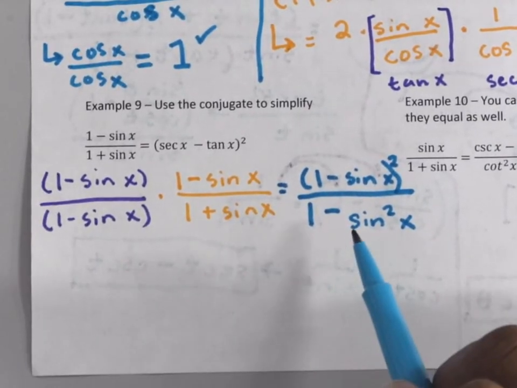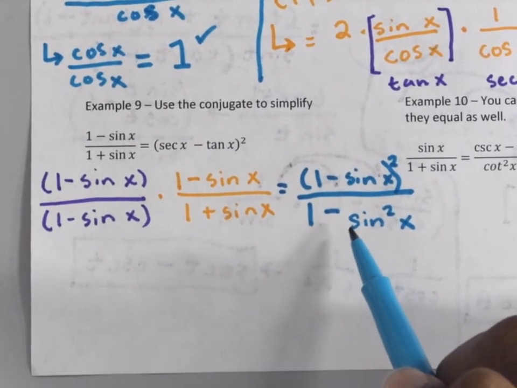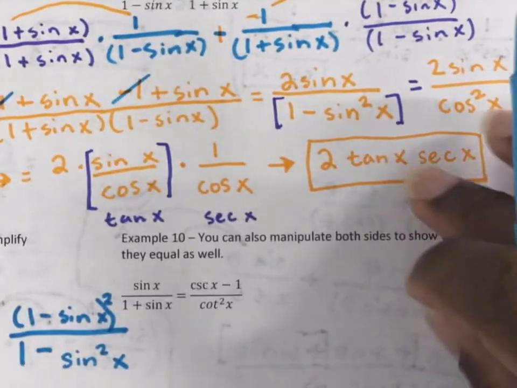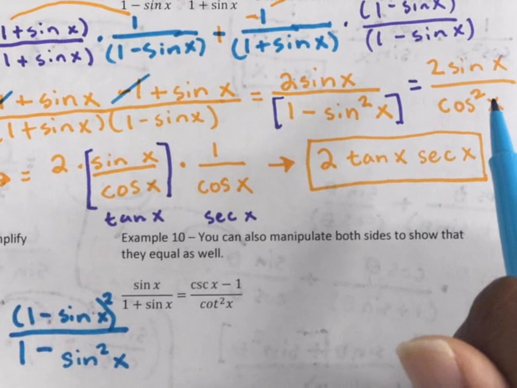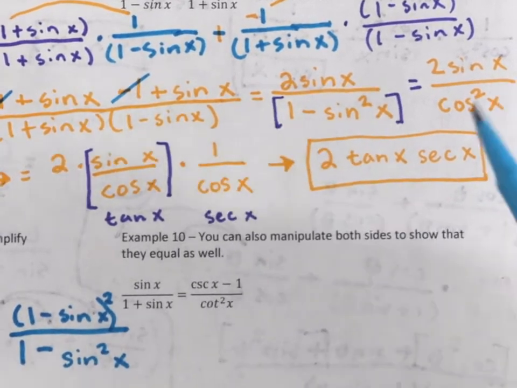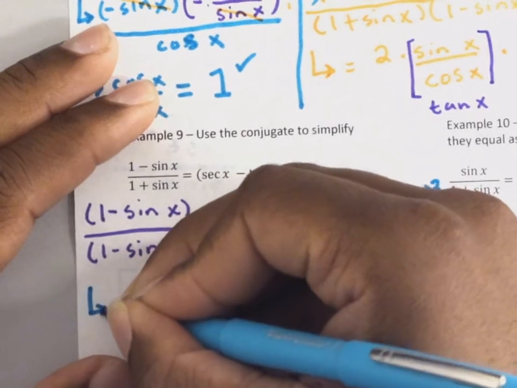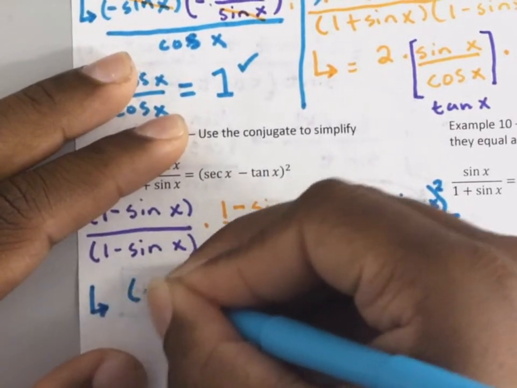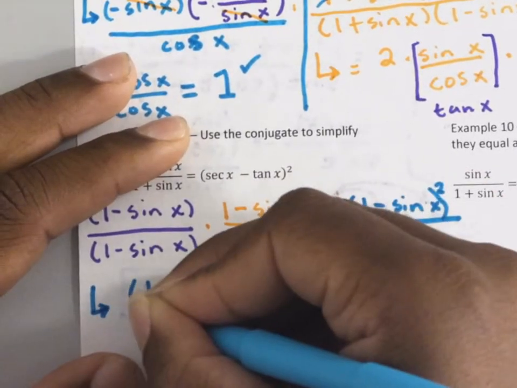We saw this before, I think, on the last one, didn't we? What did this equal? Cosine squared, right? Just like the last one. So the Pythagorean identity says I could change this to cosine squared. Okay, that'll make my life a little easier. So the top is not changing yet: 1 minus sine x squared.